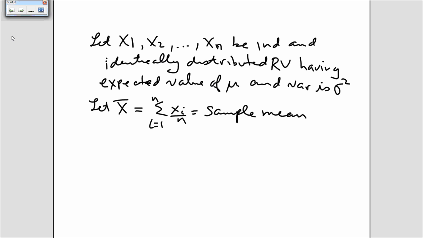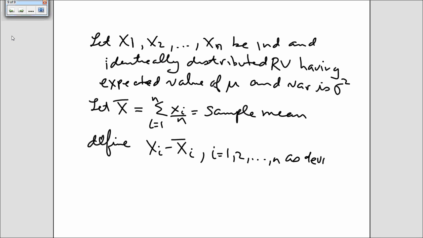Okay. Now, we'll make a definition. We're going to define xi minus x bar, where i can be 1 or 2 up to n, as deviations, like standard deviations.